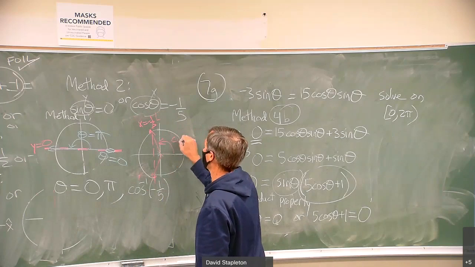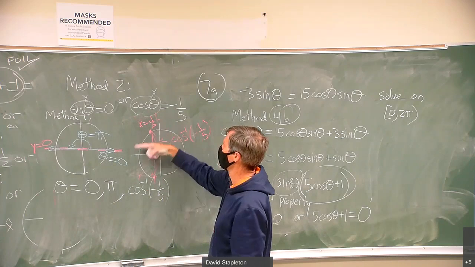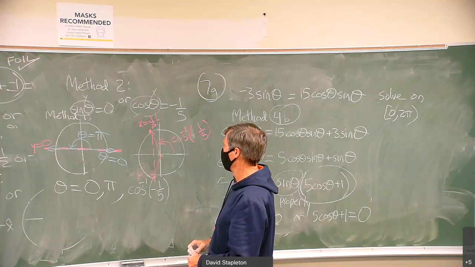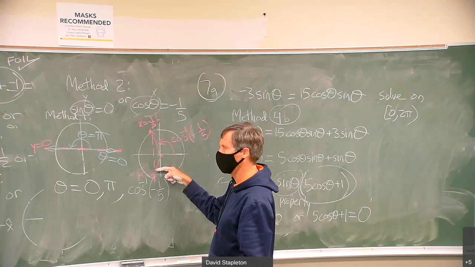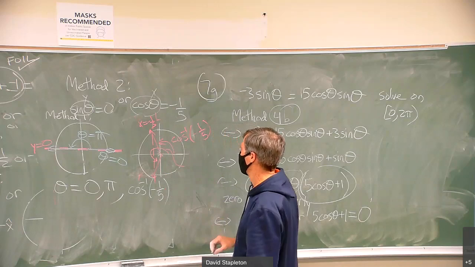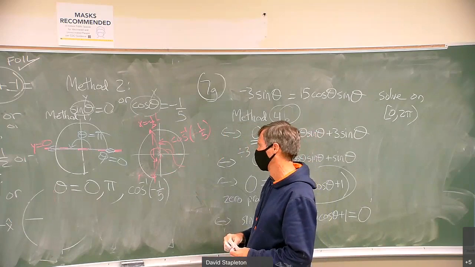This angle is arc cosine of negative a fifth, because the arc cosine is the angle between 0 and pi, right? First or second quadrant. And so now what's the other angle? I don't want this one, that's negative. I want this one. So here's one solution, arc cosine of minus a fifth.